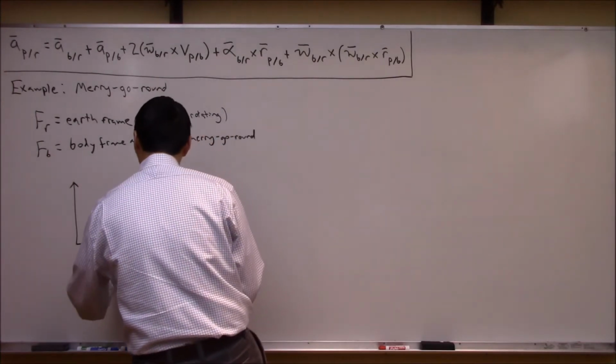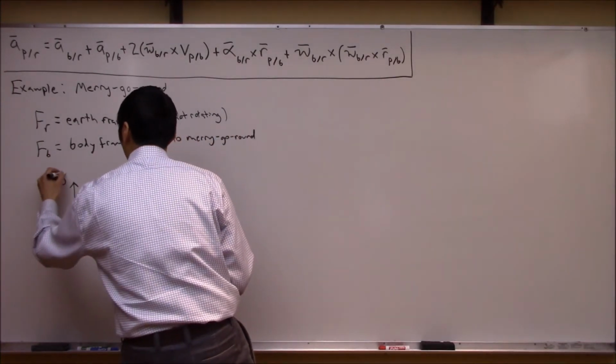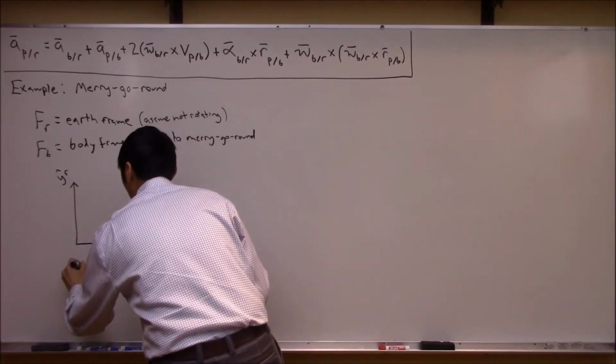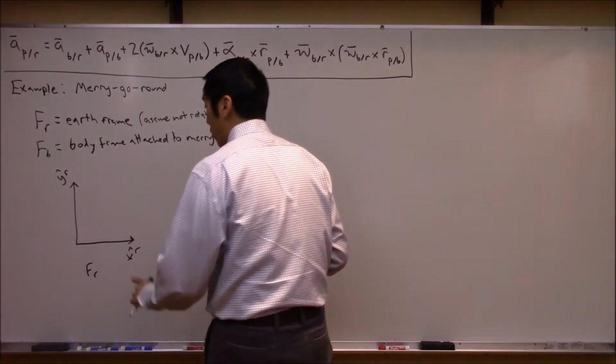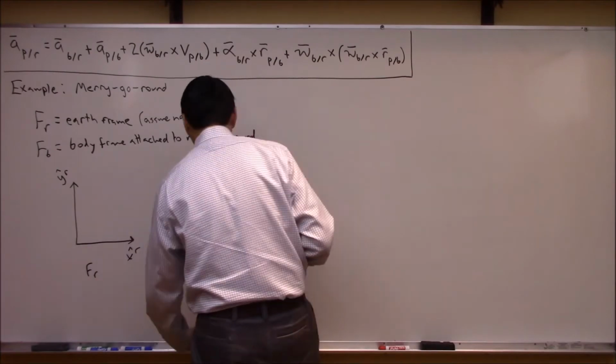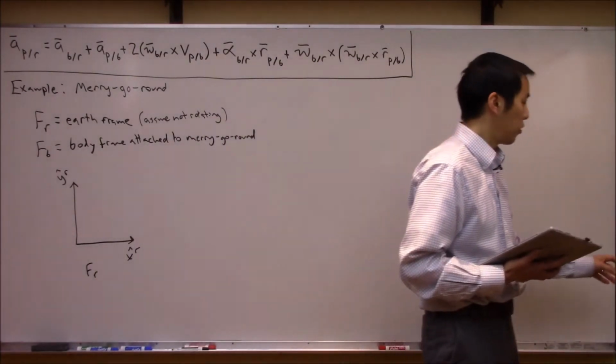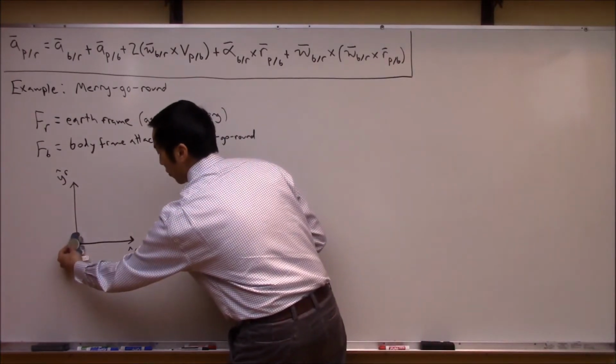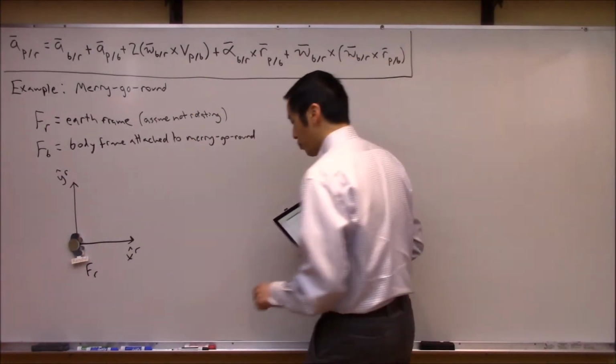This is our XR and our YR. I guess we can put hats on these to denote these are the axes. So this is our reference frame, right? And I think we said that the observer sitting on the reference frame, we called him Randall, right? So I've got a little toy here to denote Randall. So let's stick Randall on.